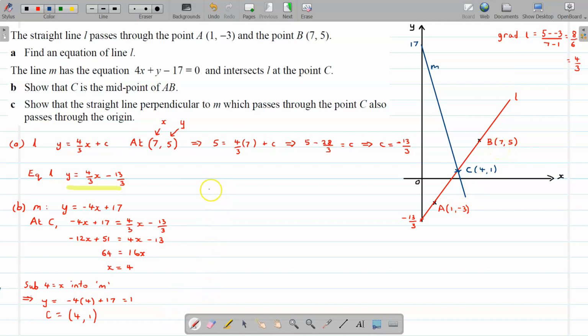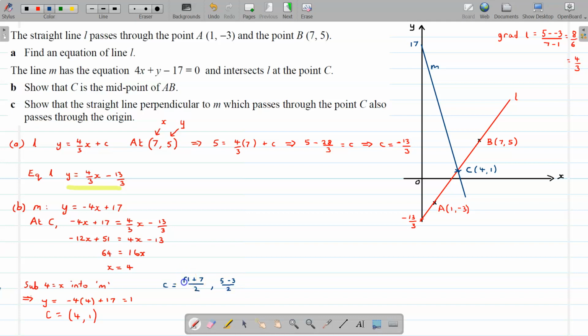So C is the midpoint of these, so it's 7 plus 1 over 2, comma, and then it's the average of the y coordinates, which is 5 plus minus 3 over 2 as well.